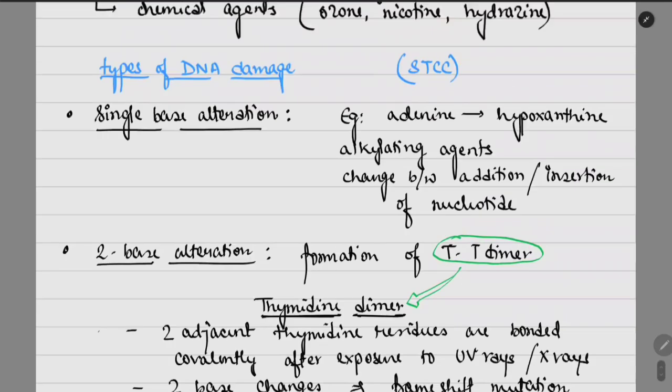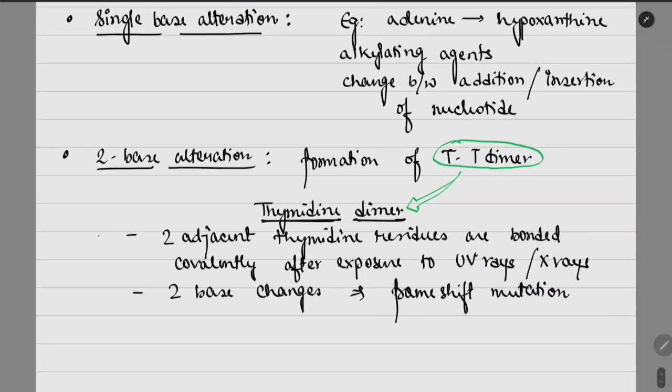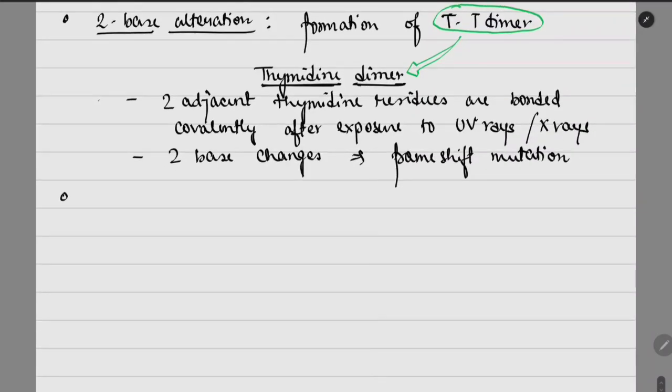Now, as I said, STCC, the third one, that is C, means chain break. As the name suggests, chain breaks. So the whole strand is forming, and suddenly there is some kind of breaking of the DNA. It means if there is some kind of DNA breaking, the chain is broken. So chain break. This chain break can take place by alkylating agents or ionizing radiations or the UV rays or X-rays, or there can be some kind of radioactive disintegration.